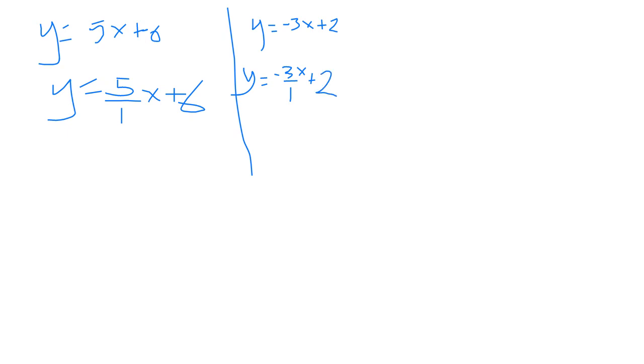Because it's negative, you see that here, in the first one, if x increases by 1 unit, y will increase by 5 units. Then here, if x increases by 1 unit, y will decrease by 3 units.